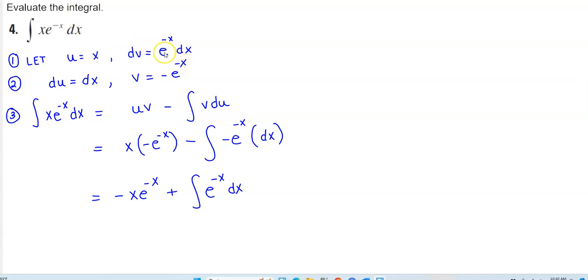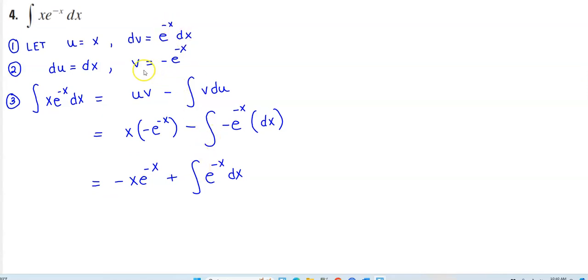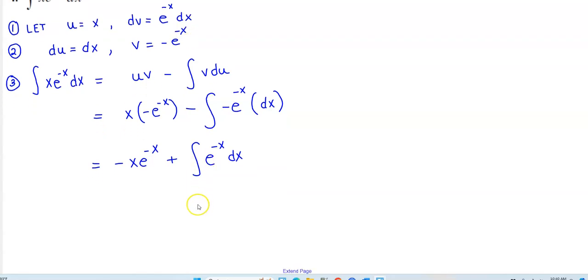And we already know what the antiderivative of that is. The antiderivative of e to the negative x dx we found up here was negative e to the negative x. So therefore, we end up getting the following. Negative x e to the negative x, actually it would be minus, so it'd be minus e to the negative x, and then plus c.